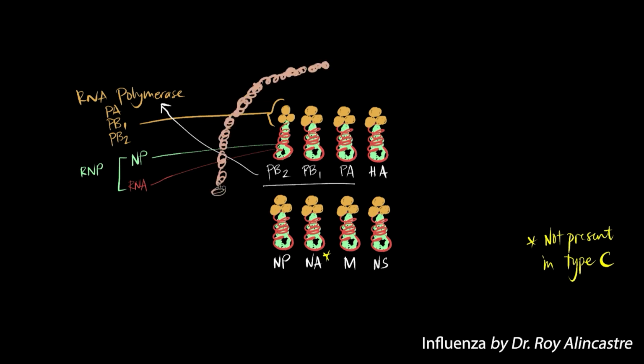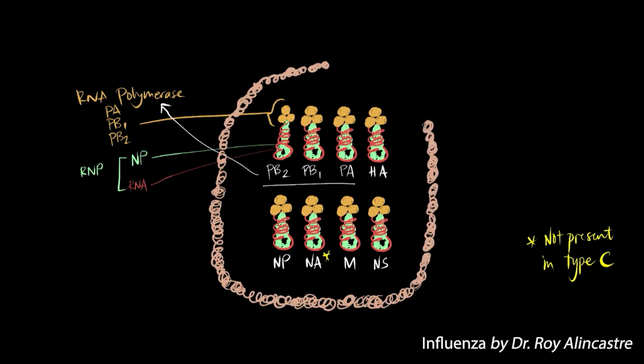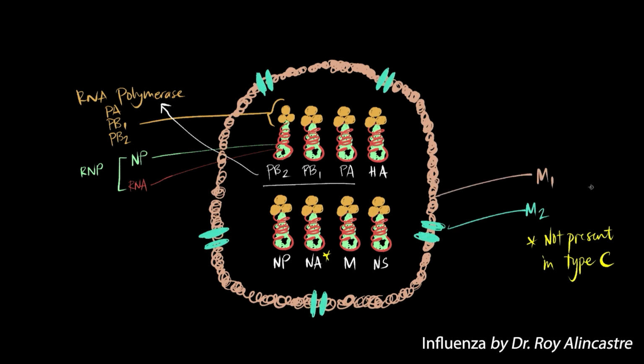M1 is the matrix protein which forms a shell around the segments underneath the envelope. It makes up around 40% of the viral protein. M2 is an ion channel protein that spans the viral envelope along with the NS2 protein.